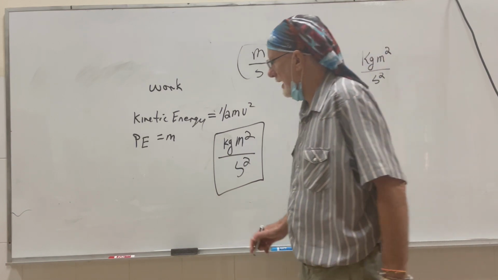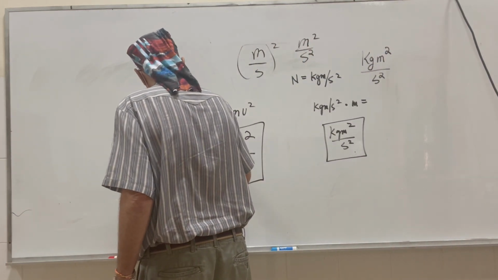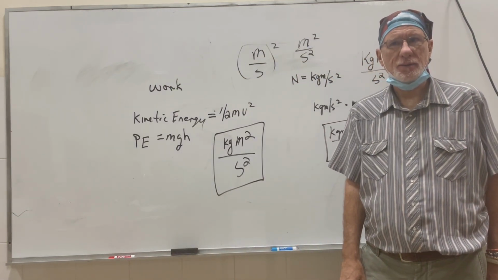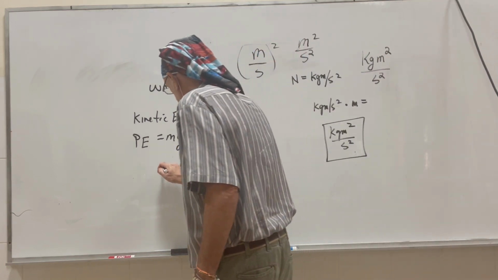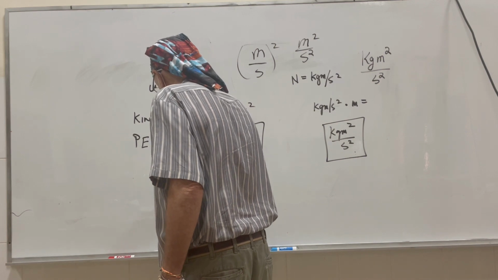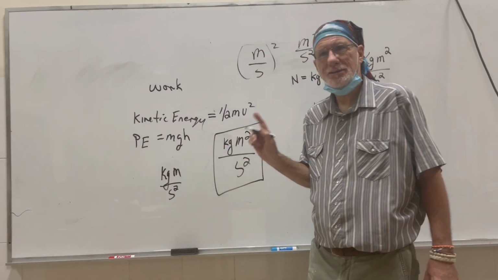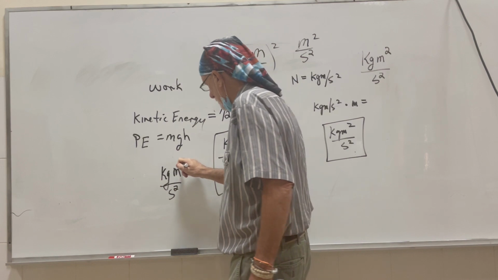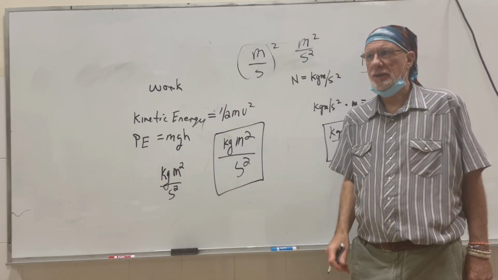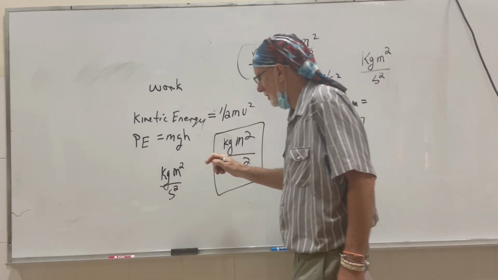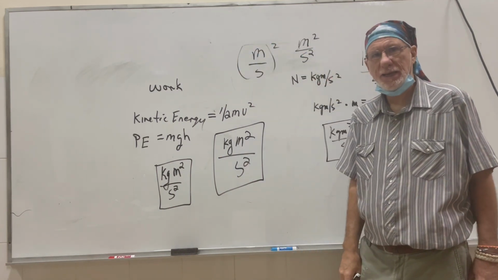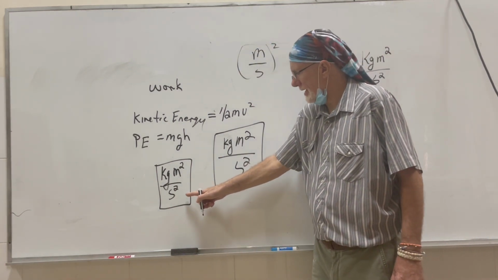So this is going to be kilograms. G is meters per second squared, and height is in meters. So we'll put on another meters. Clear? Yes? You get that? So that is potential energy.